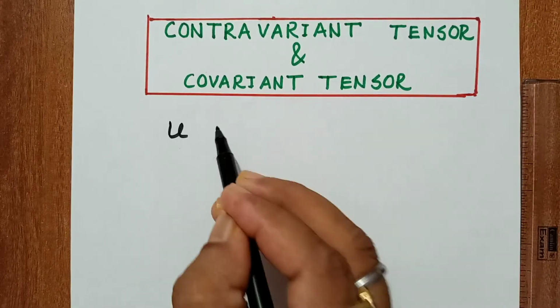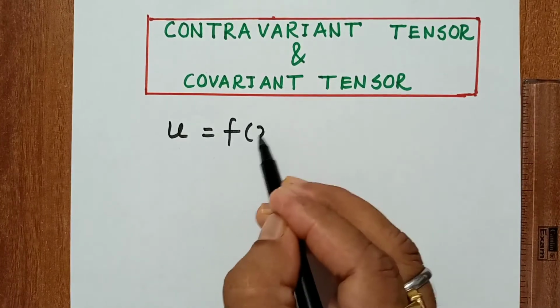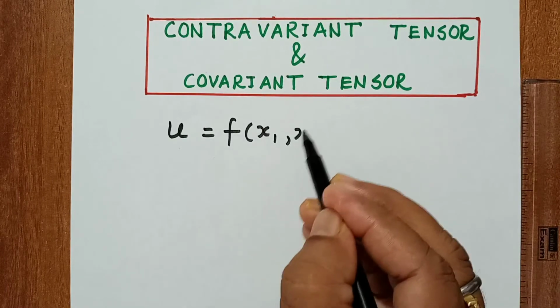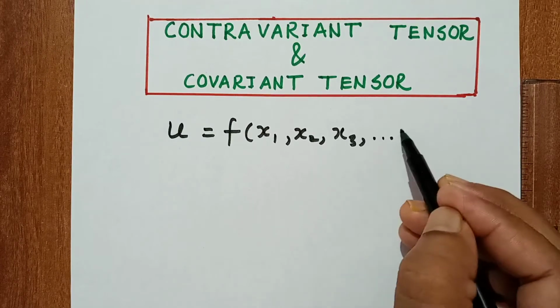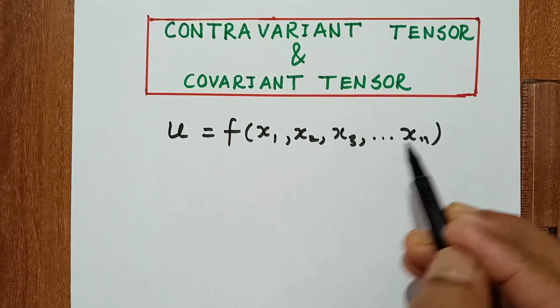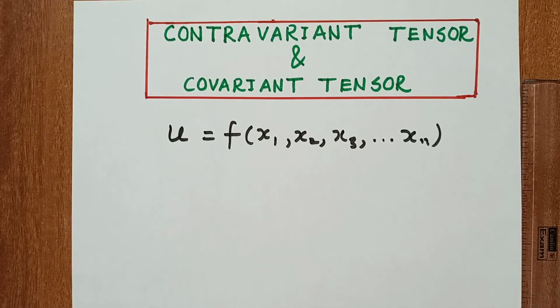Okay, so as we know in differential calculus, if u is a function of n variables x1, x2, x3 up to xn, which means an important relation between continuous variables x1, x2 up to xn.